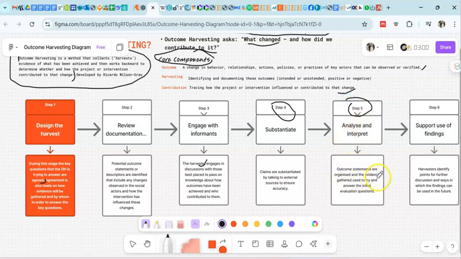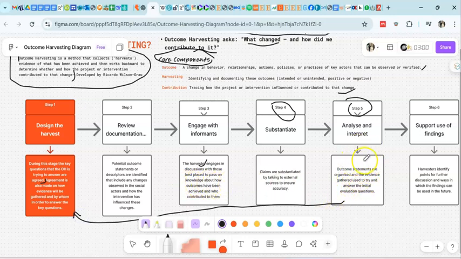The fifth stage is analyze and interpret. Here, outcome statements are organized and the evidence gathered is used to try to answer the initial evaluation questions. This now has a direct connection with stage 1. What was the question agreed in the beginning?